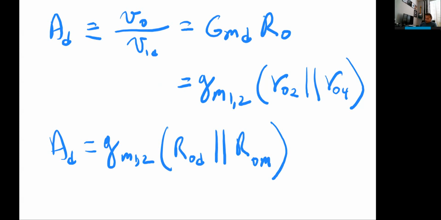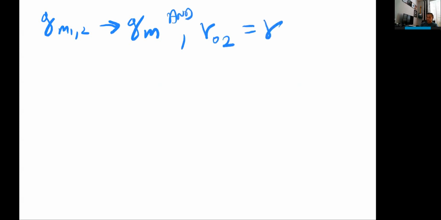Some last observations. So transistors are matched, so I can just write GM, and if I further match the differential pair with the current mirror, then I can say that these two output resistances are the same, and I can call that just RO.